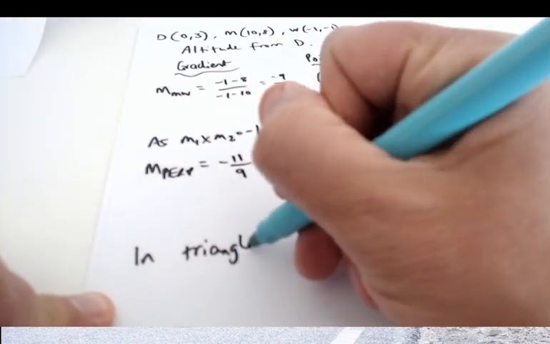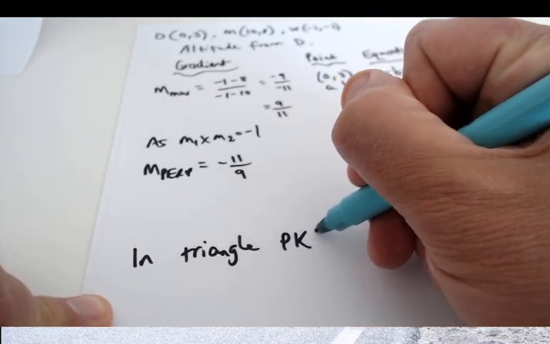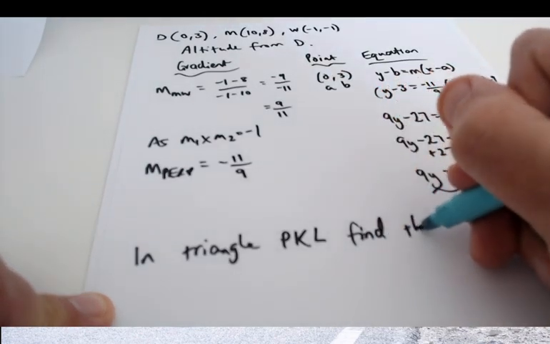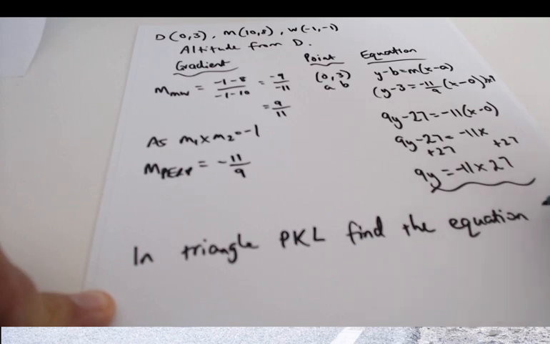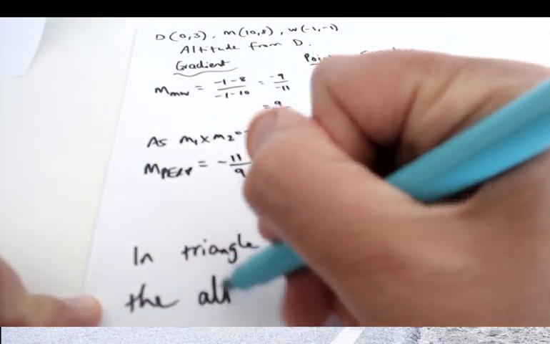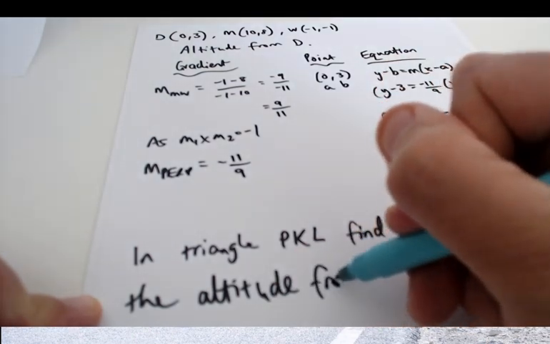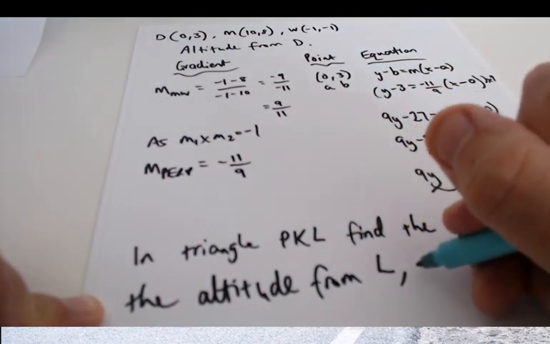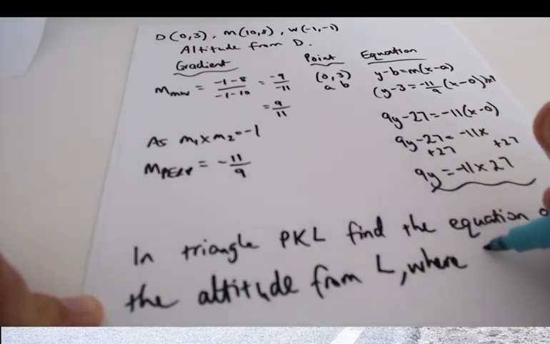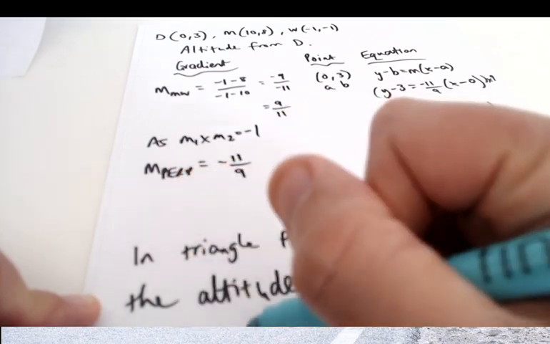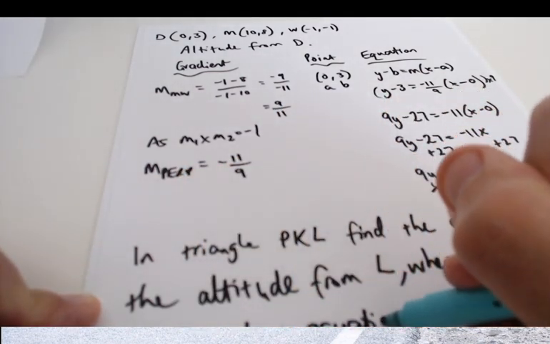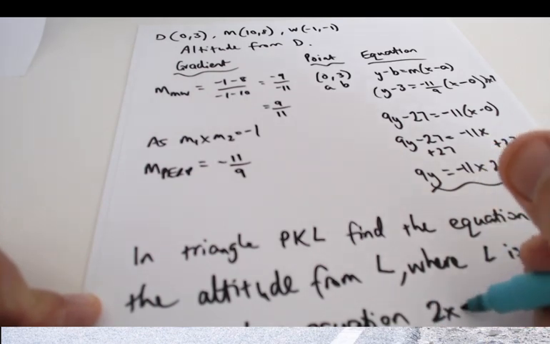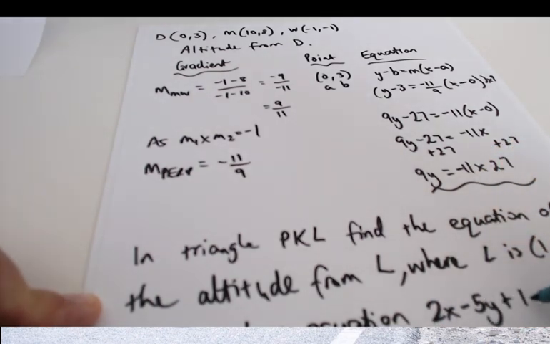So in triangle PKL, find the equation of the altitude from L, where L is 1, 2, and KL has equation 2x minus 5y plus 1 equals 0.